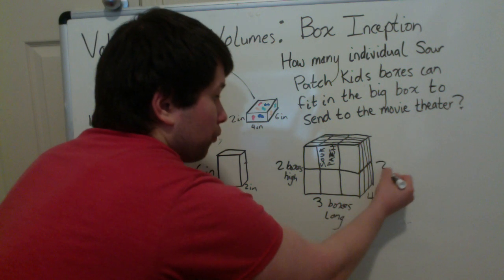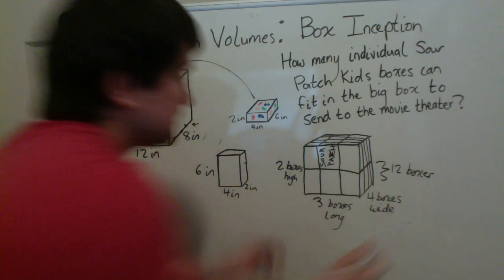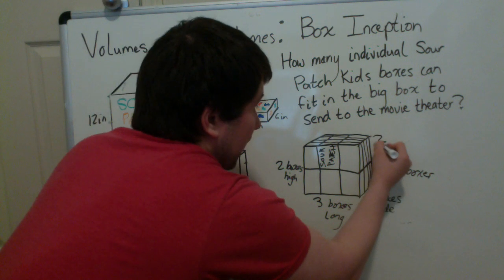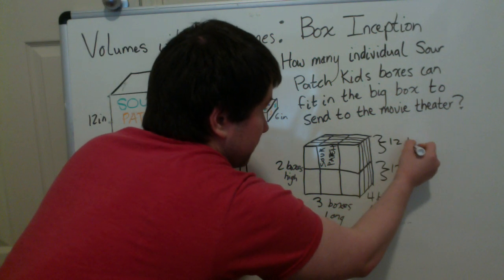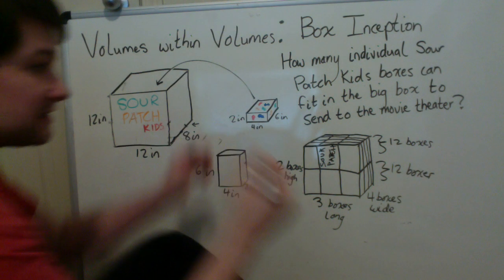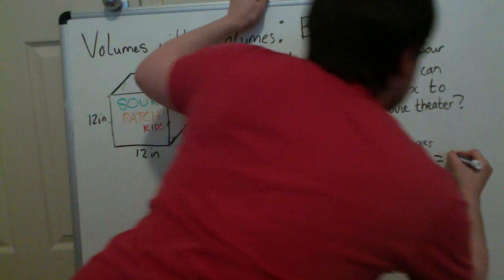And if there's 12 boxes in the bottom half, and we know we stacked them 2 boxes high, then we just add another 12 boxes up there. 12 boxes plus 12 boxes equals 24 boxes.